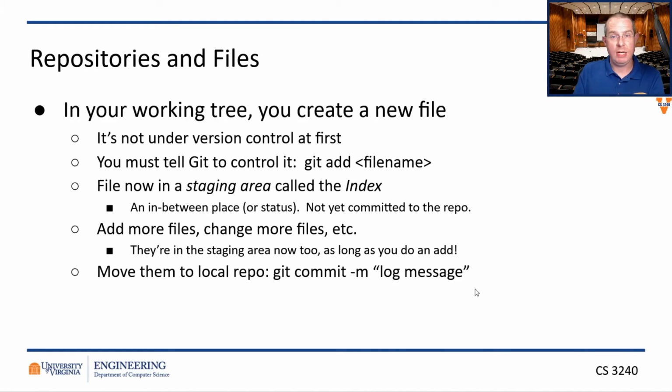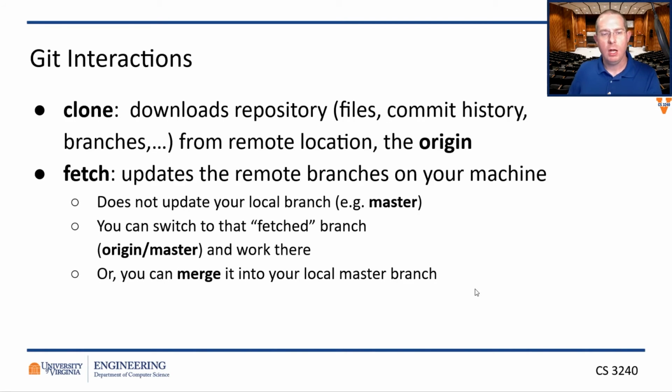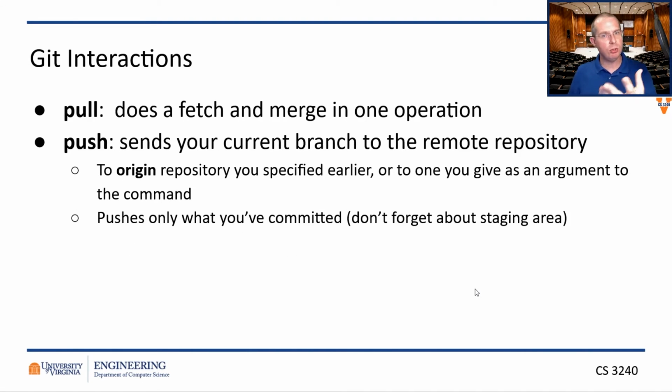In the working tree, once you create a new file, it's not immediately under the control of Git. We need to add it so that when we commit it and then push it to the server, it actually moves up with it. So the terms you need to know are clone, when we pull down a repository and make a clone locally; fetch, getting the new versions; pull, when we pull the new code down; and push, when we push our changes back up.